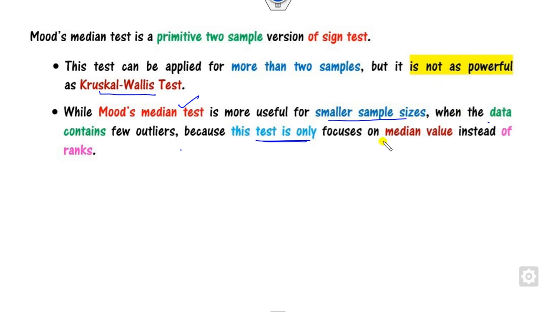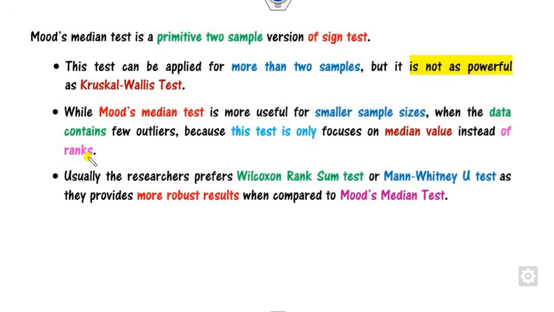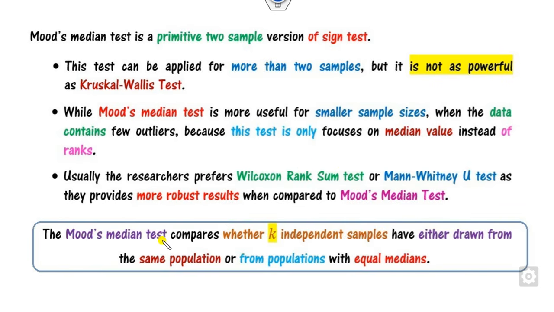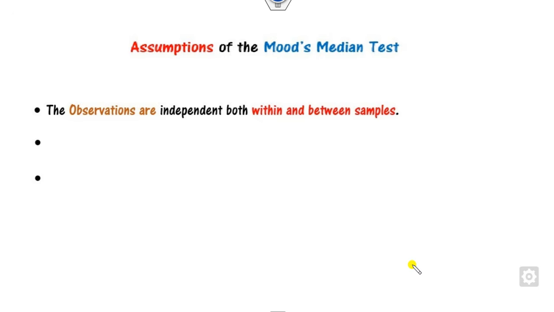Because this test uses only the median value instead of the ranks. Usually researchers prefer the Wilcoxon sign and the Mann-Whitney U test because they provide more robust results than the median, but remember that those use ranking. So the median test is used to compare k independent samples. That's why it is one alternative to the one-way ANOVA, widely used for medians.